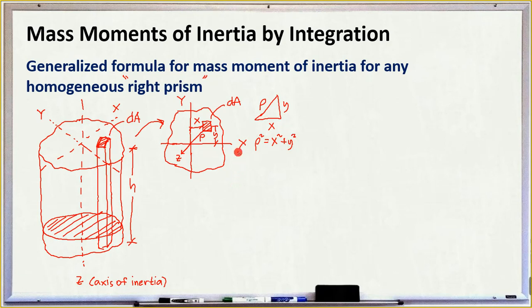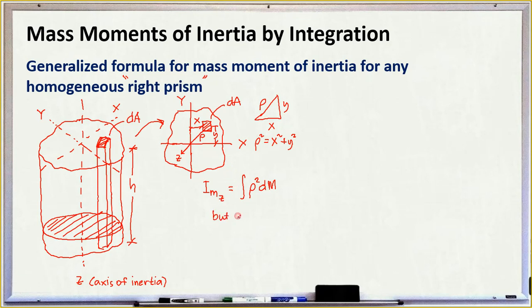Now, applying the general formula of our mass moment of inertia, the mass moment of inertia along the z-axis is equal to the integral of rho squared times the derivative of the mass of this small differential volume, so dm.